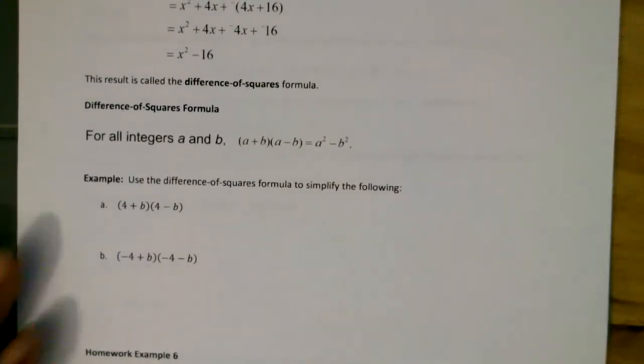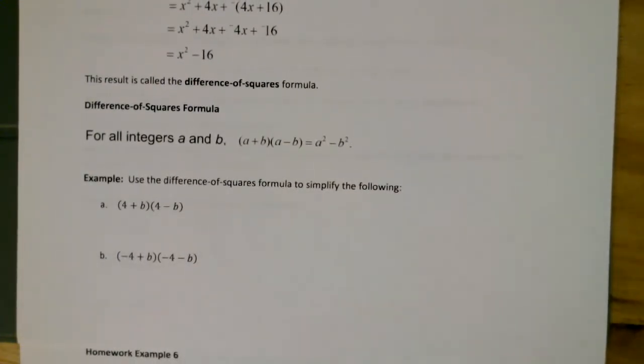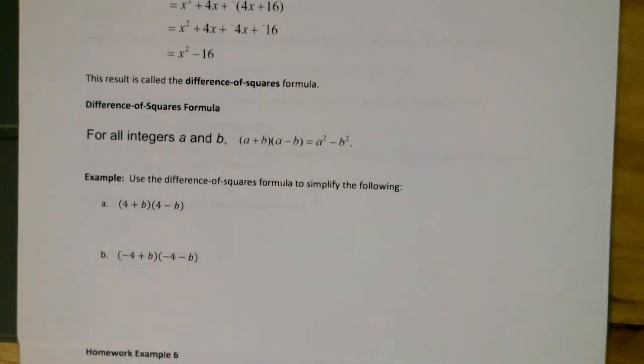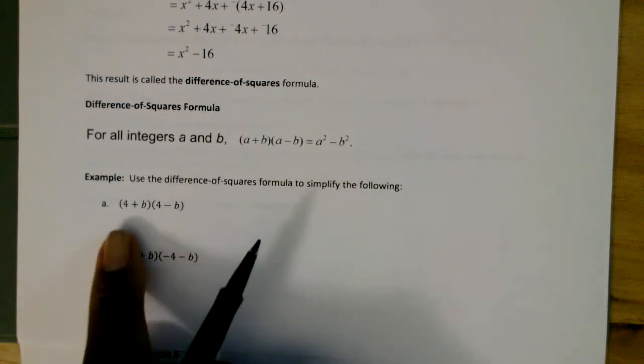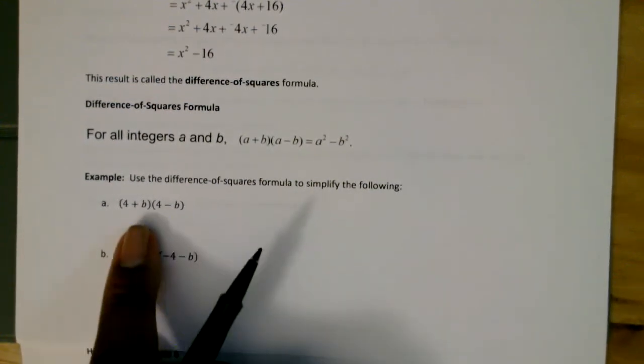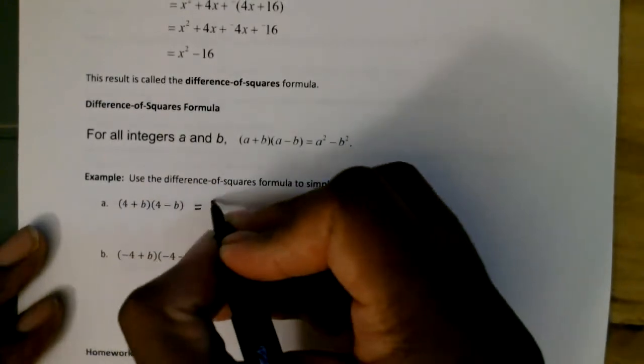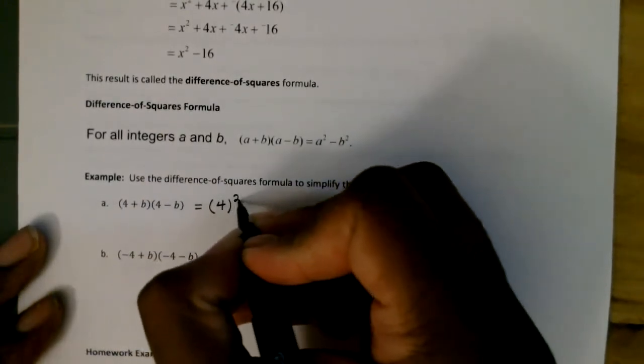So if I want to use the difference of squares formula to simplify the following. In part A, I got 4 plus b times 4 minus b. I have the sum and the difference of the exact same terms. So what I'm going to do here is square the first term, which is the 4. That's going to be squared.